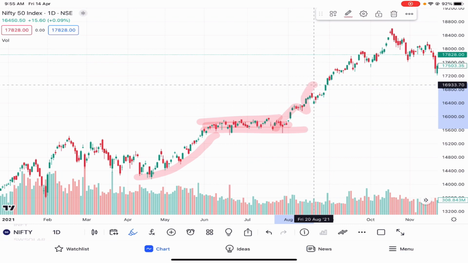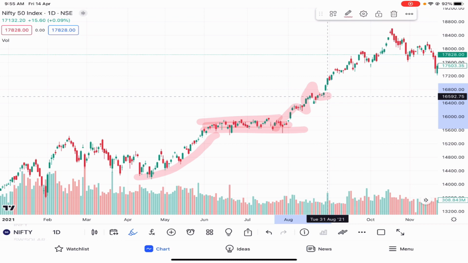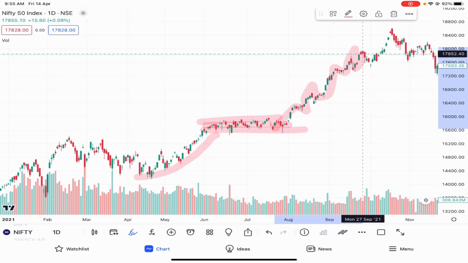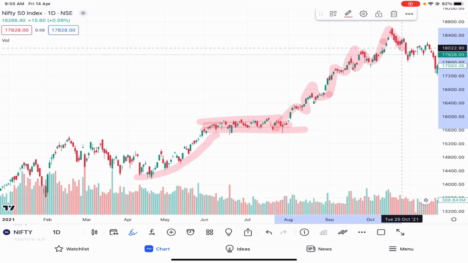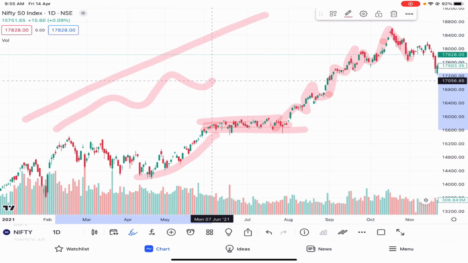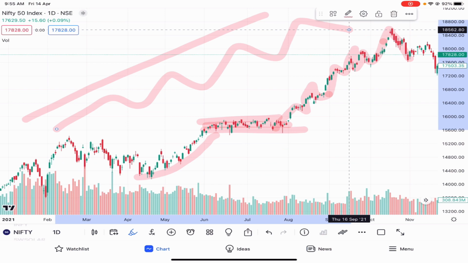Uptrend, retracement, uptrend, retracement, uptrend, retracement. So you see that you never have a chart where it is just uptrend. The price moves somewhat like this. It keeps retracing, it keeps consolidating. That is what they are trying to explain.